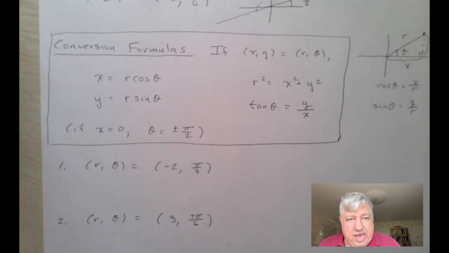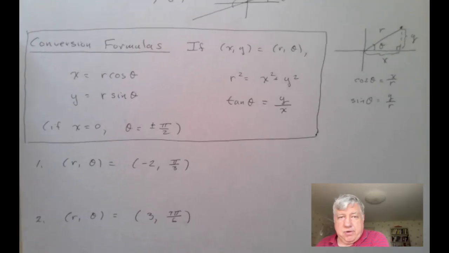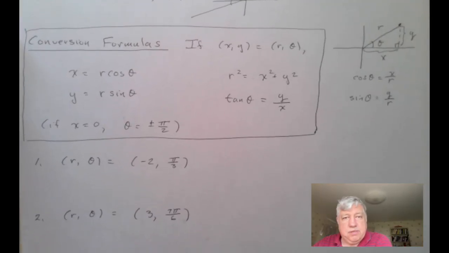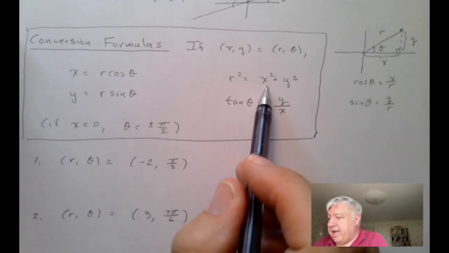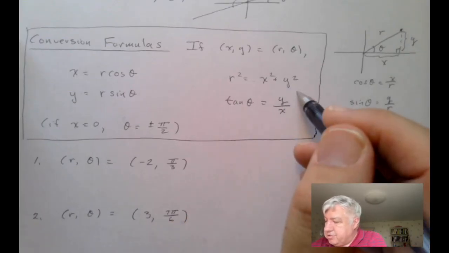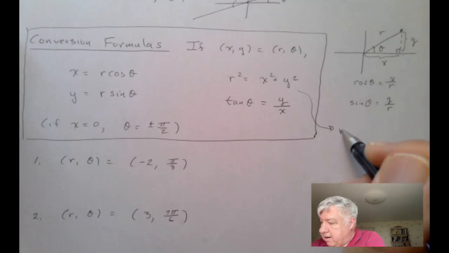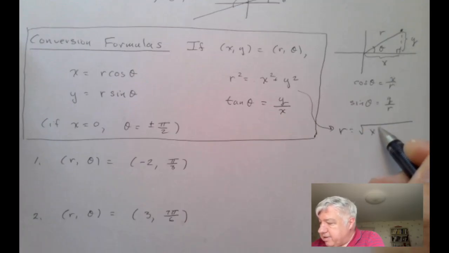So computing x and y once you're given r and theta is very straightforward. When you're given x and y, it's a little tougher. r squared is always equal to x squared plus y squared, and usually this would mean that r is the square root of x squared plus y squared.